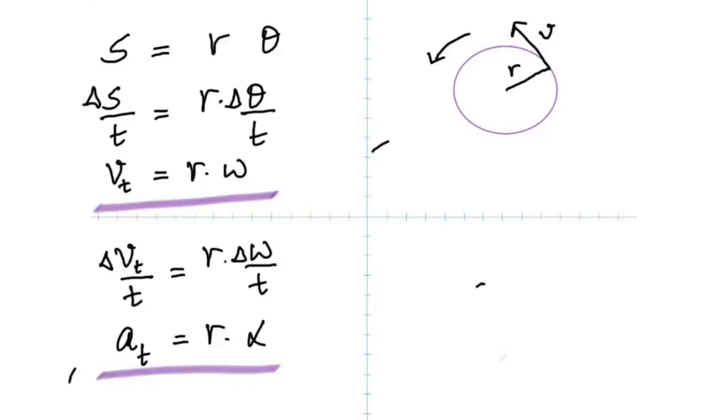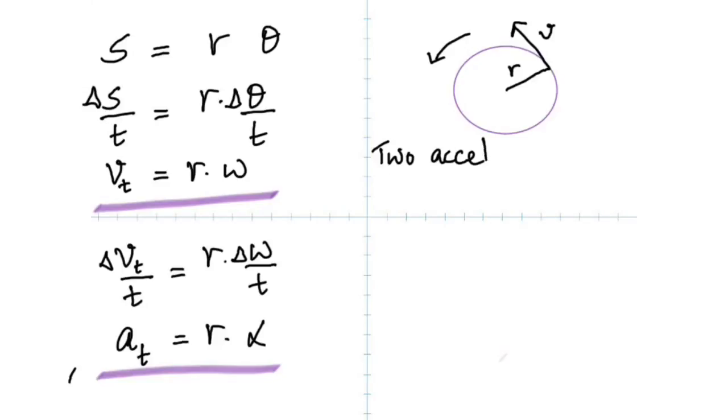That's one point. And number two, if an object is moving with a constant angular velocity, then there is no tangential acceleration because the tangential velocity is constant. But even then, we have radial acceleration. So radial acceleration always exists, while tangential acceleration happens only when the object is either speeding up or slowing down.